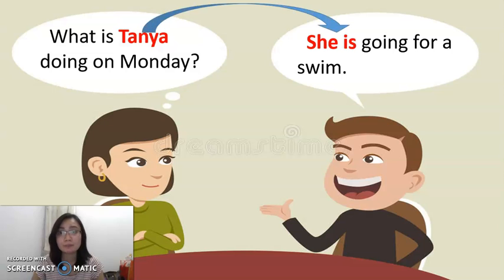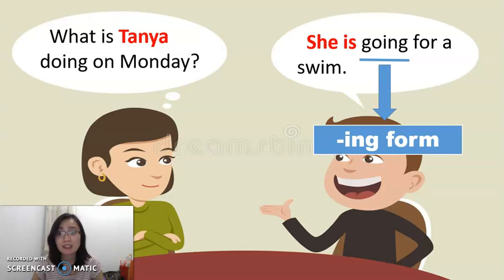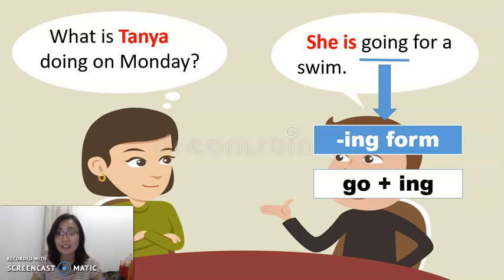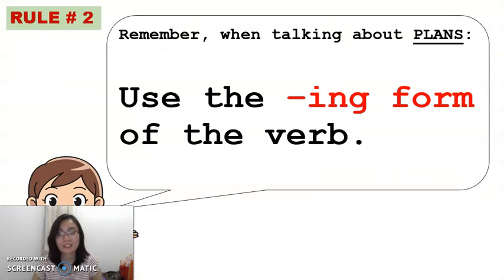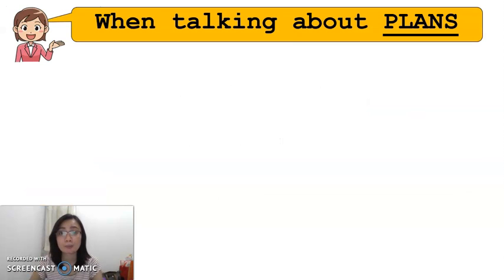That's rule number 1. For rule number 2, when you answer it, your verb must be in ing form. So go plus ing. Going. You will not say she is go for a swim. No, that's wrong. So you have to use the ing form of go, which is going. Because rule number 2, you have to use the ing form of the verb.